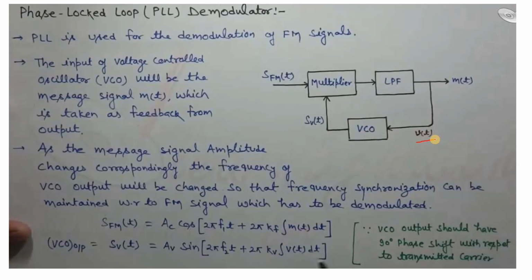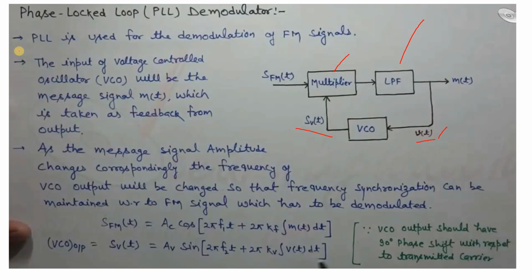We have the input signal voltage, with the output signal having a frequency that is going to change linearly with the variation in the input signal. The low pass filter is going to avoid the high frequency components and allow only low frequency components. Here the multiplier produces components by multiplying its inputs, that is SFM of t and SV of t.